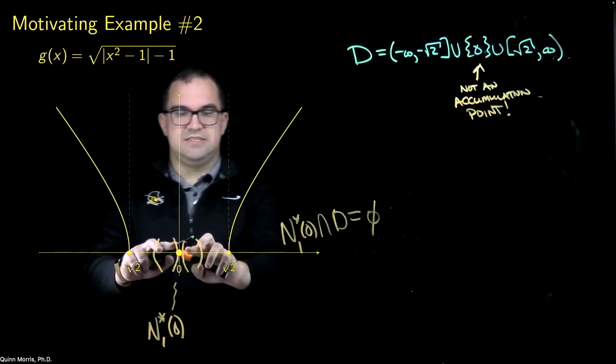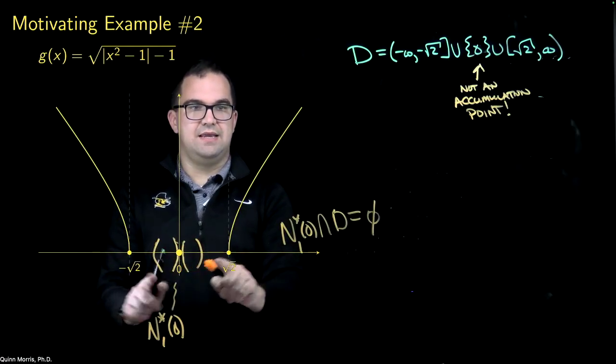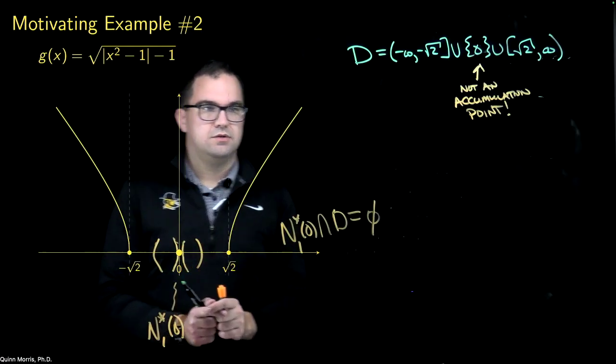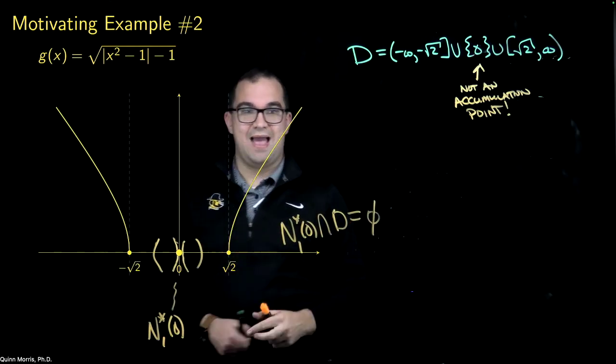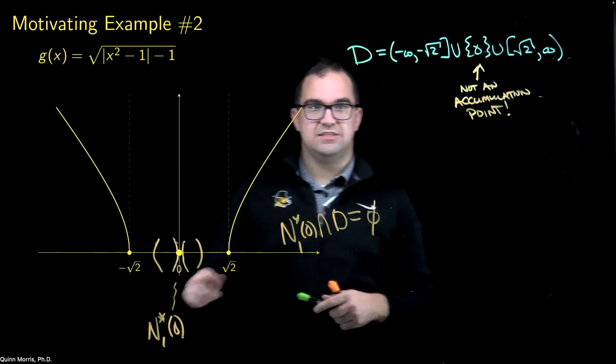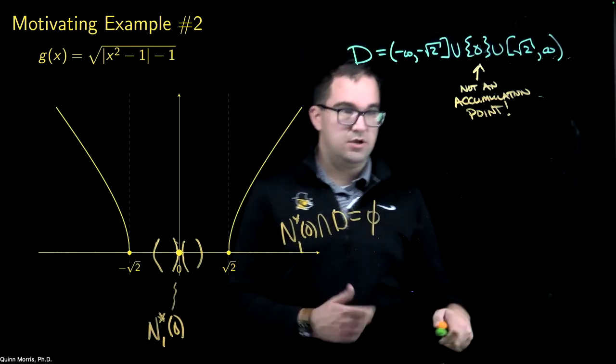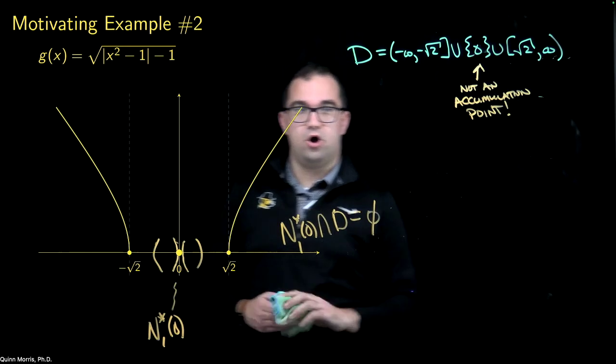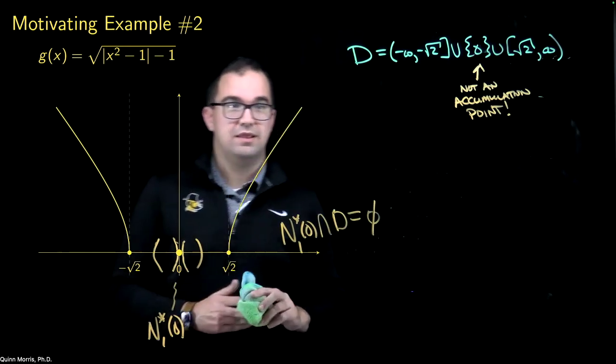This set does not intersect any other point of my domain. So this is the empty set, because I have a deleted neighborhood that does not intersect the domain. This is not an accumulation point of the domain, so it makes no sense then to talk about, under our definition, the limit.